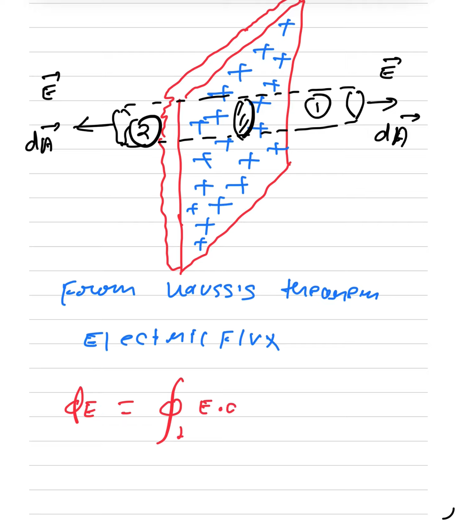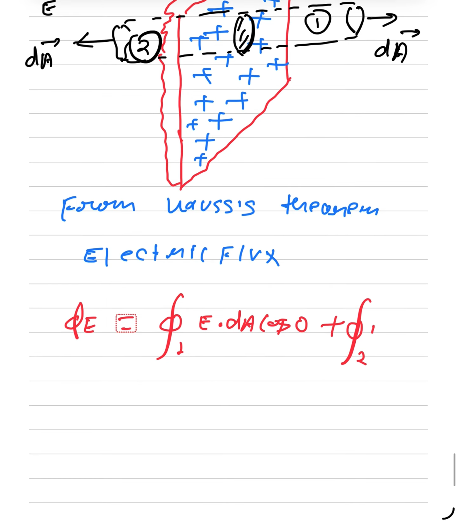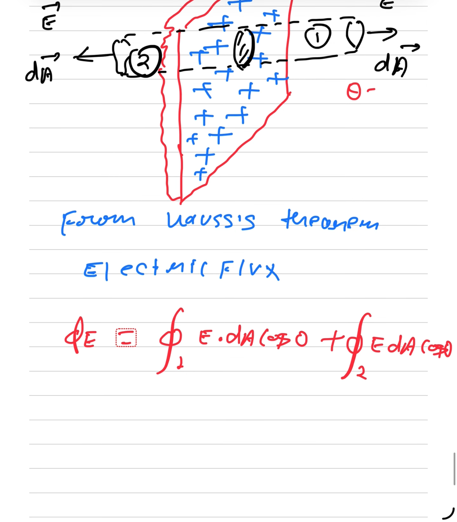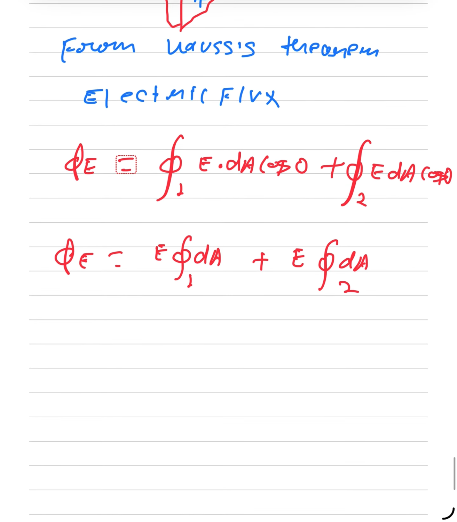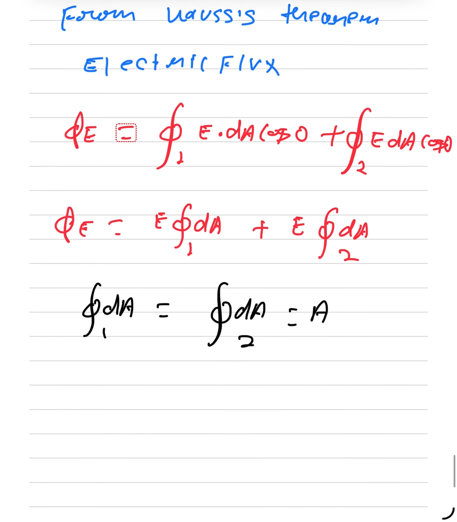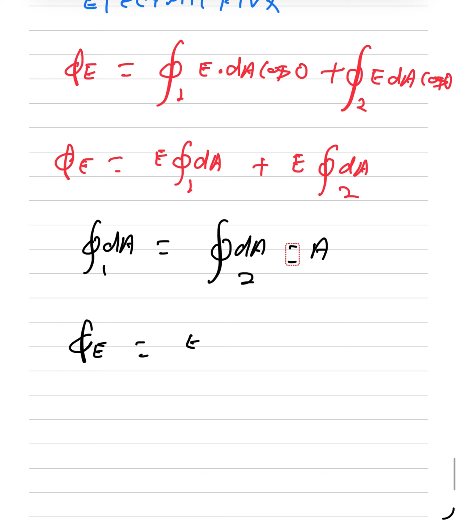First the integral of E dot dA cos 0 plus the second integral of E dot dA cos 0, right, because the angle theta equals 0 degrees for both sides, and electric flux phi E equals E integral of dA first plus E integral of dA second, and the value of the integral of dA first equals the integral of dA second equals A, right, and electric flux phi E equals EA plus EA, meaning 2EA.